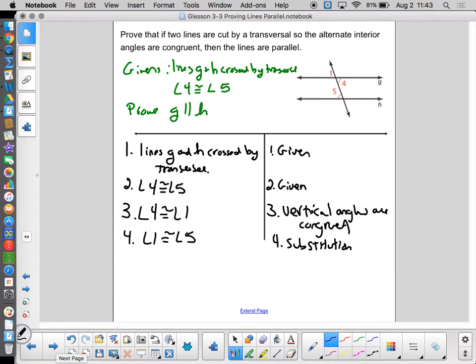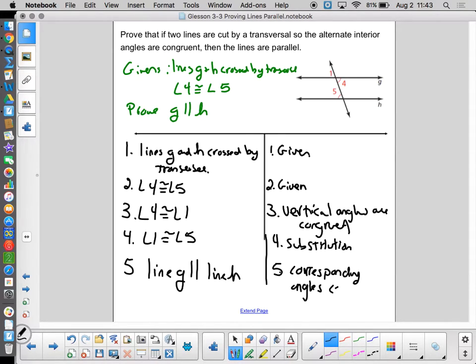And if 1 is congruent to 5, 1 and 5 are corresponding angles, so line G is parallel to line H because of the corresponding angles converse.